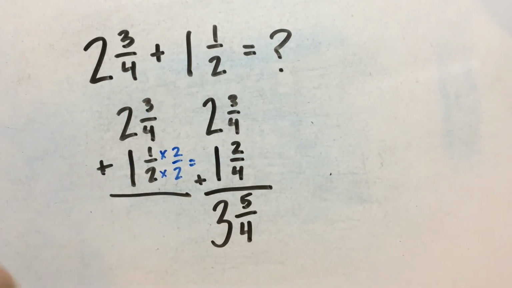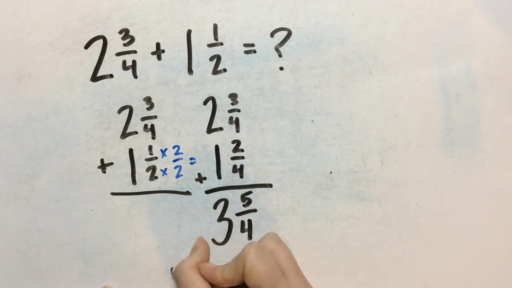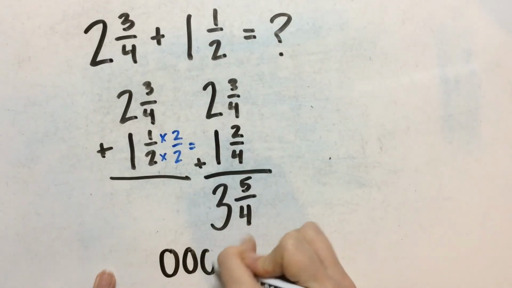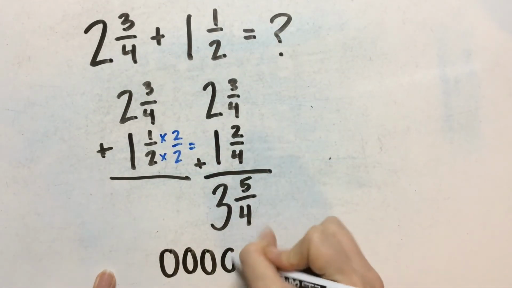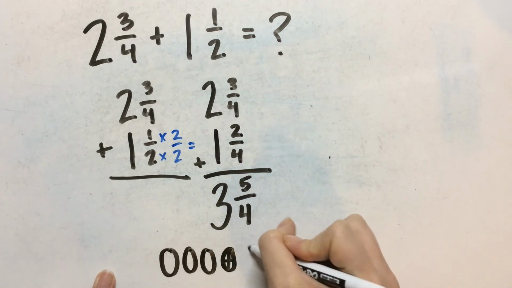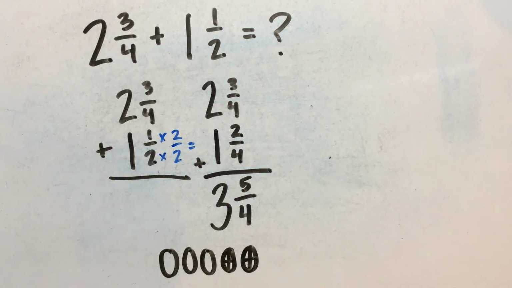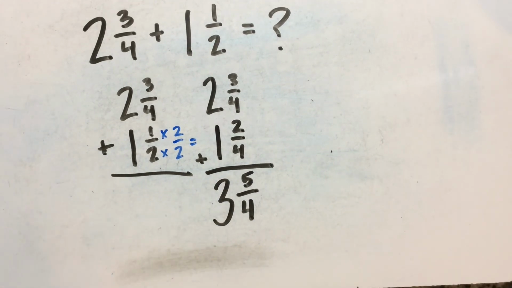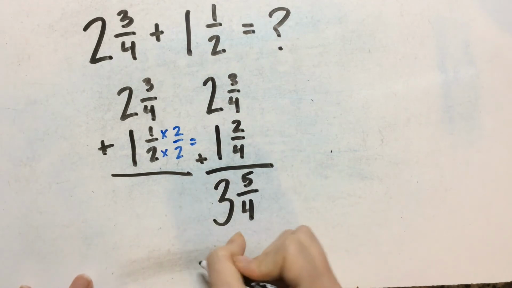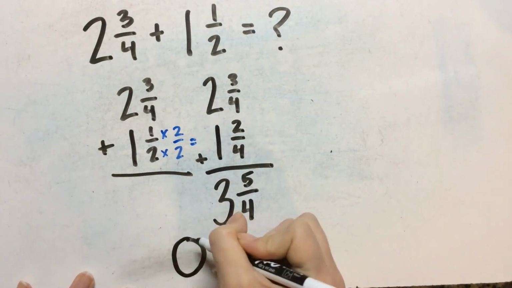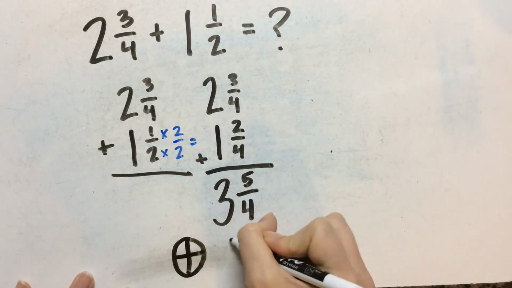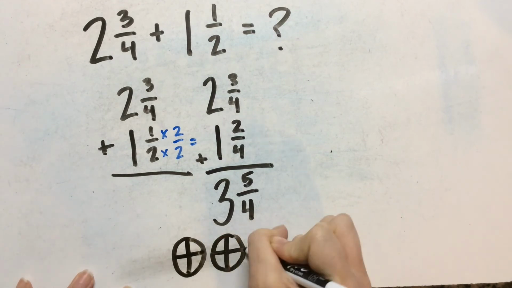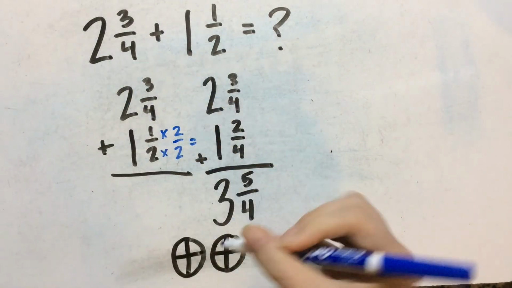Okay, I'm going to draw this out for you, this 5/4. I'm going to draw one whole cut into fourths and another whole cut into fourths and color in 5.